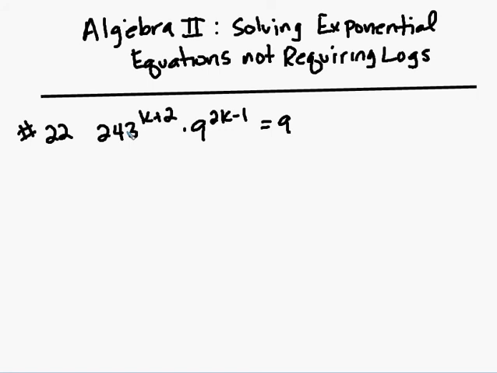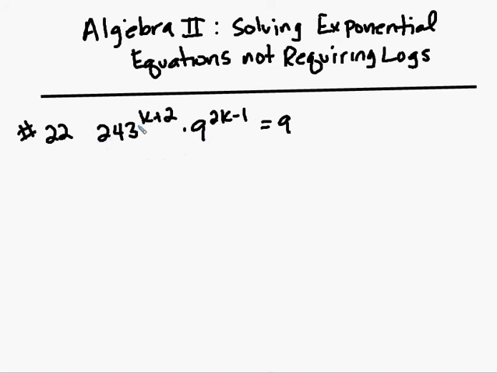Well, as I think about it, I know 9 times 9 is 81, times 9 again is 729. And I'm not sure if I can reduce this by taking the cube root of 243. The cube root of 243 is not equal to 9. So this becomes a little bit more complicated. As I look at this further, I see that the fifth root of 243 is going to be 3, and that 3 squared is going to be 9.